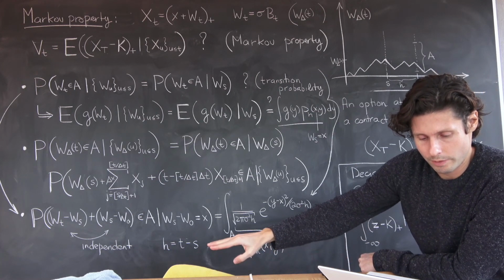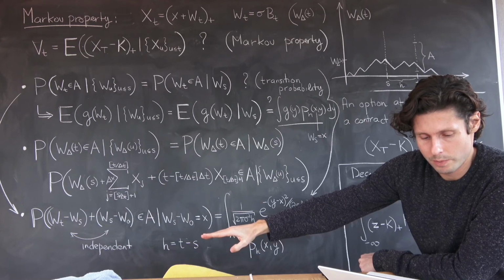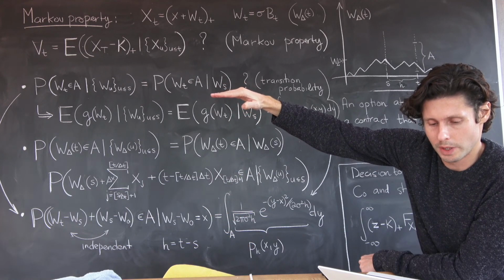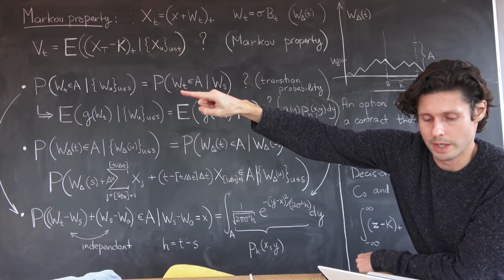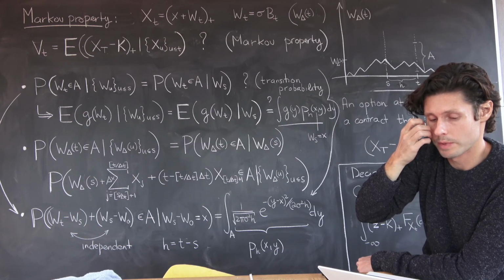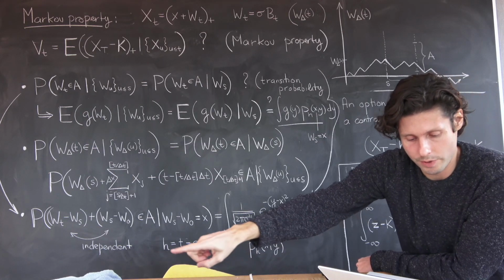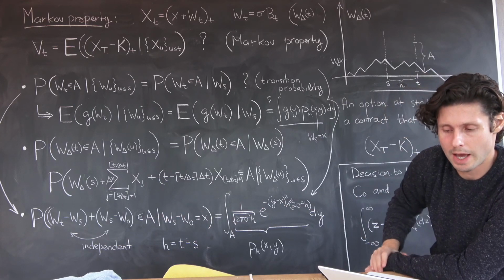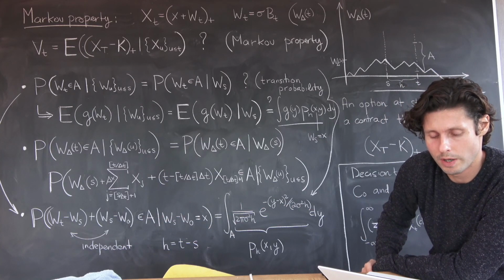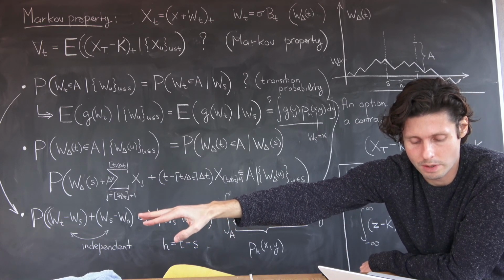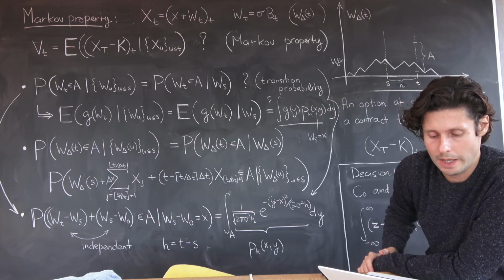And so what I've written here on the bottom is I've picked up from this probability and taken the event that I'm looking for, Brownian motion in some set A, and I've written it in this form. And here you can see that w_s cancels. I've basically added and subtracted the Brownian motion at time s, which is a common trick, and w_0 is just 0, so it doesn't change anything at all.